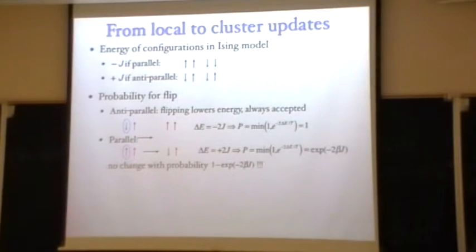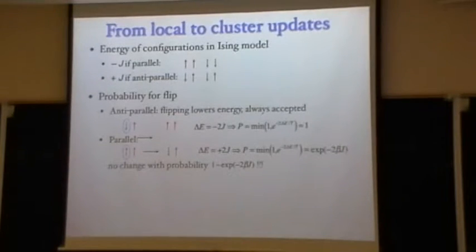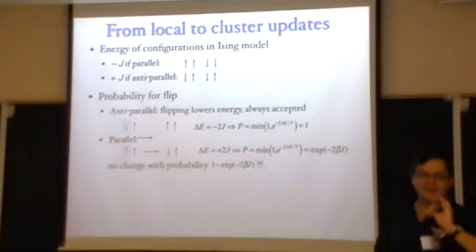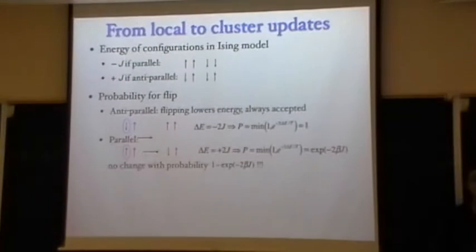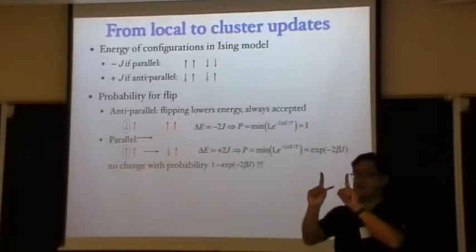And there's a smart idea, and these are the Swendsen-Wang cluster updates. Most good ideas in Monte Carlo are small, simple ideas at the end, but you need to have the right simple idea. That idea is: what was the energy of 2 parallel spins?